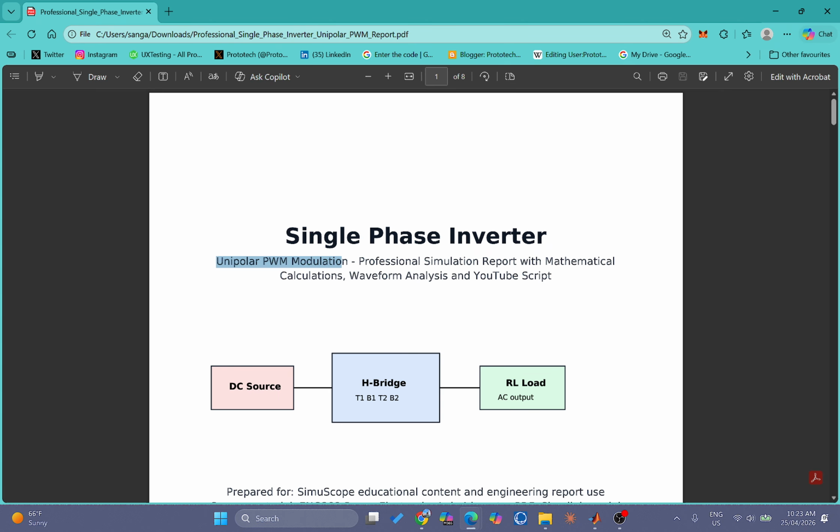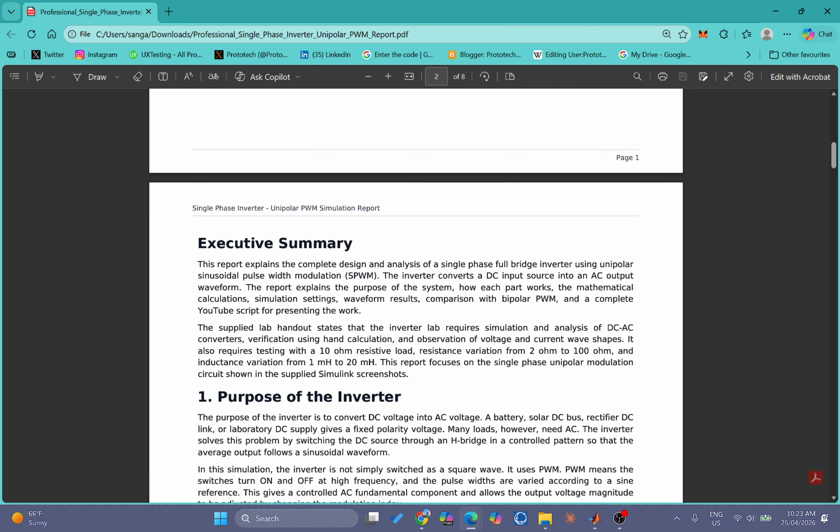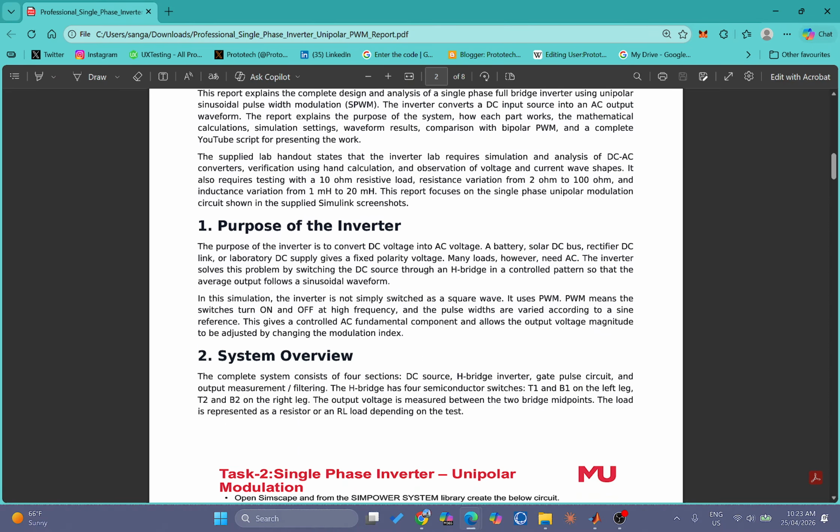Firstly, the single phase inverter. So what is an inverter? An inverter is an electronic device that will convert DC power into AC. Where is it used?